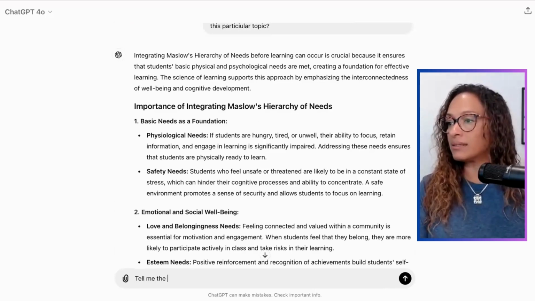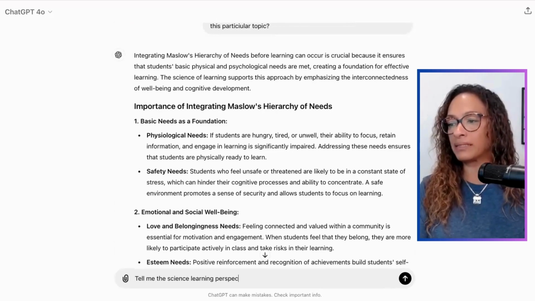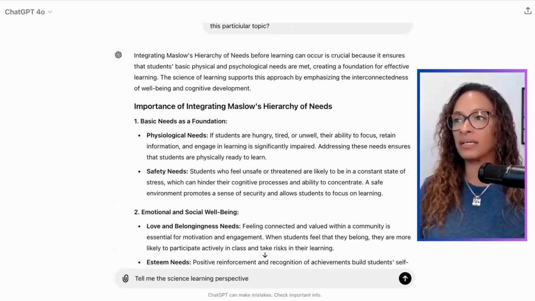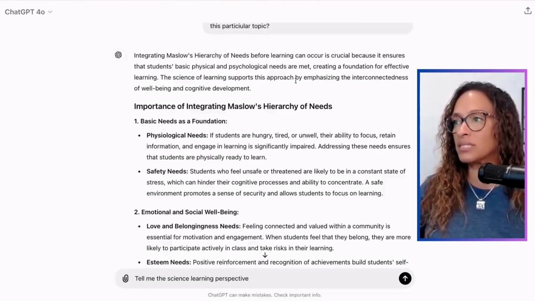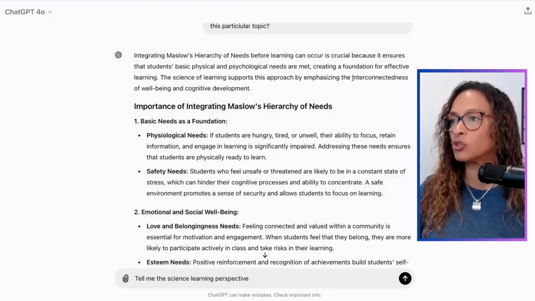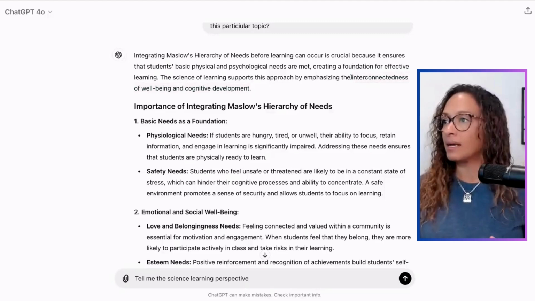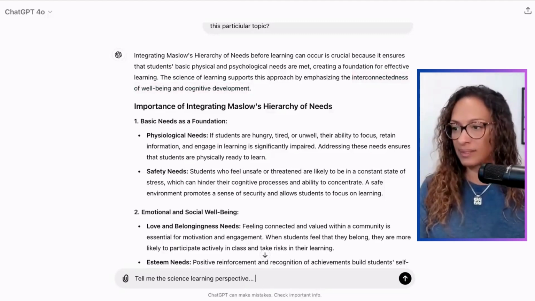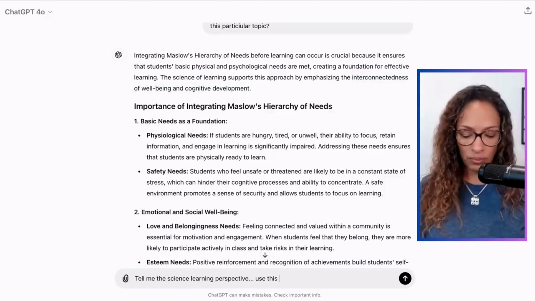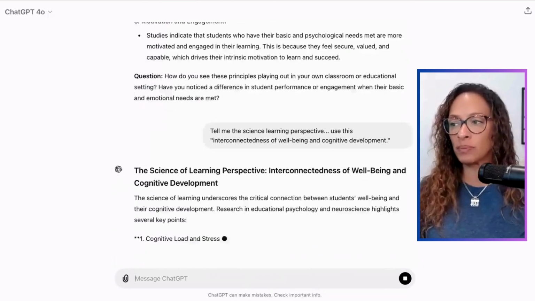Tell me the science of learning perspective, because I can see that it integrated it. And it even says, if you look, the science of learning supports this approach by emphasizing the interconnectedness of well-being and cognitive development. And I'm going to copy this and say, use this. Now you can put it in quotes, but use this. So the science of learning perspective.